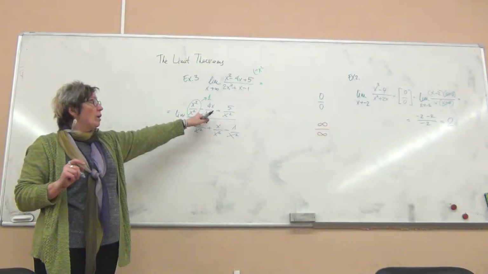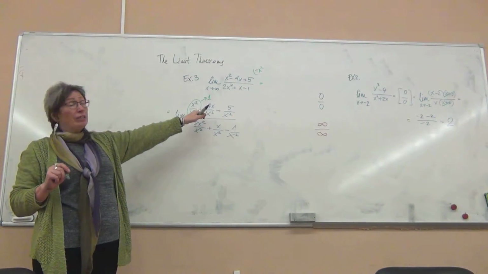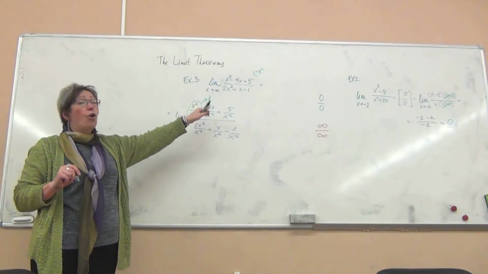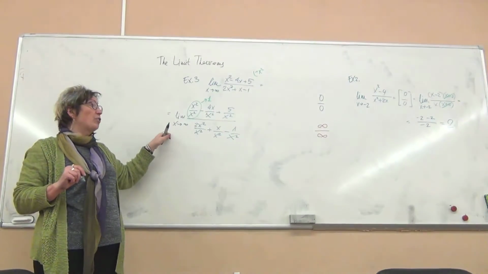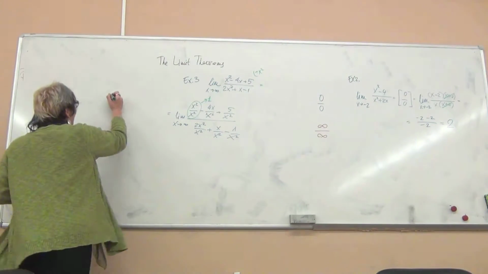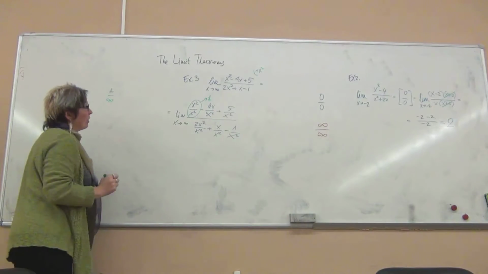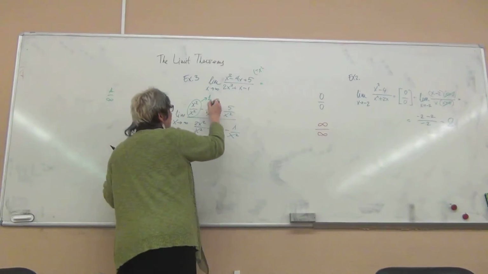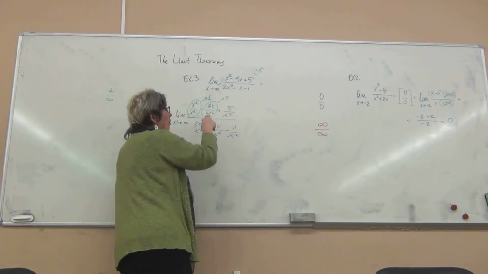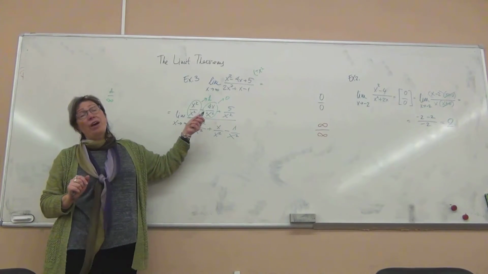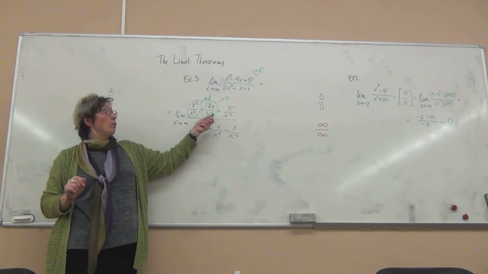Now this one, if I simplify it a little bit, it becomes 4 over x. If x tends to infinity, 4 over infinity, this factor tends to 0, simply because the power is higher in the denominator of this factor.